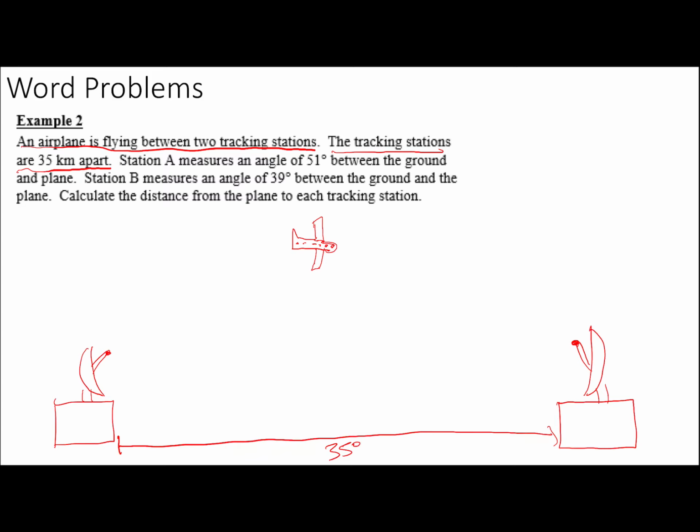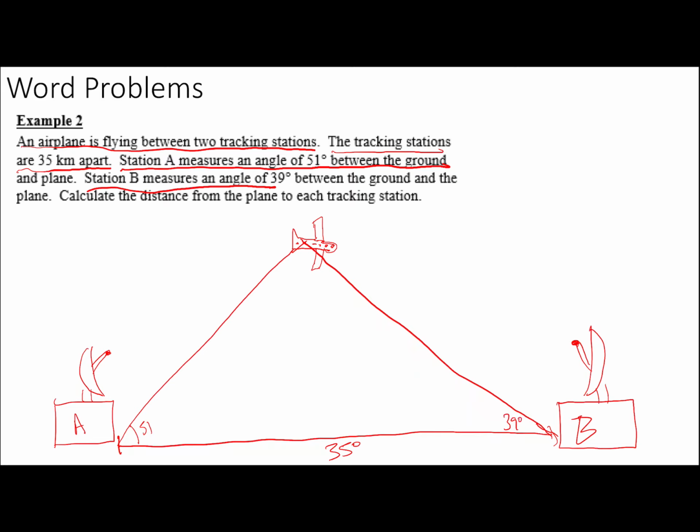By the way, you should be trying to do this on your own before you find my solution. Station A measures an angle of 51 degrees between the ground and the plane. Okay, let's call this station A, and that angle is 51 degrees. Station B measures an angle of 39 degrees between the ground and the plane.